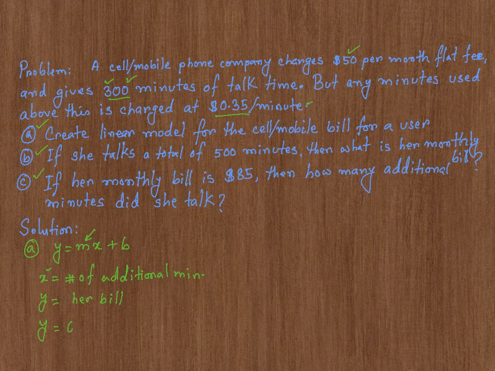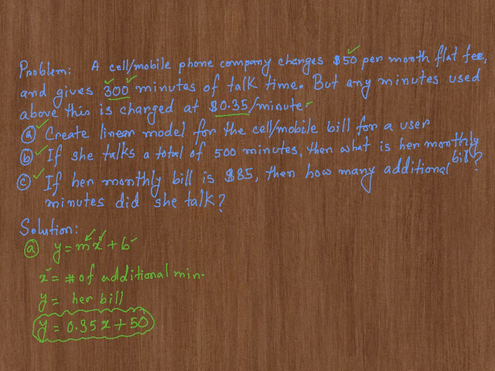She's paying 35 cents or 0.35 times the number of additional minutes she talked, which is x, plus her fixed bill. Remember, the fixed bill is $50 every month she is going to pay, regardless whether she goes over or not. Just for having the service, she has to pay $50.